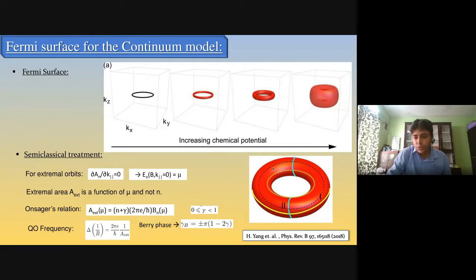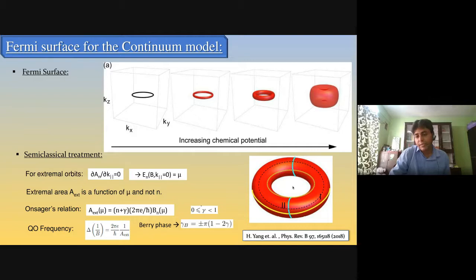These are the two yellow circles you can see. Those indicate the two extremal surfaces. So in this case we have two extremal surfaces, unlike in the electron gas problem where we had only a single extremal surface. This is if my magnetic field is along the z direction.